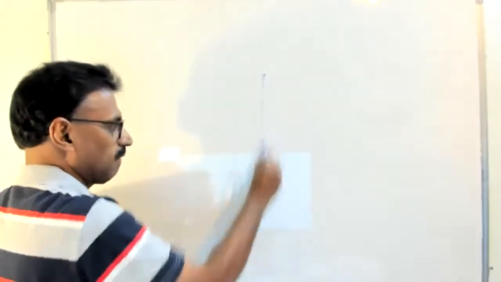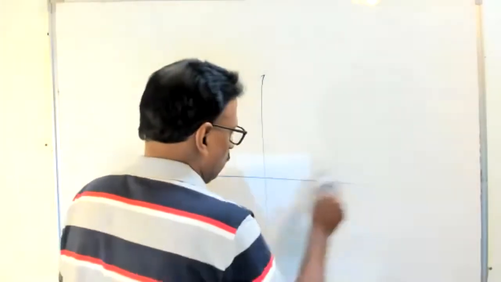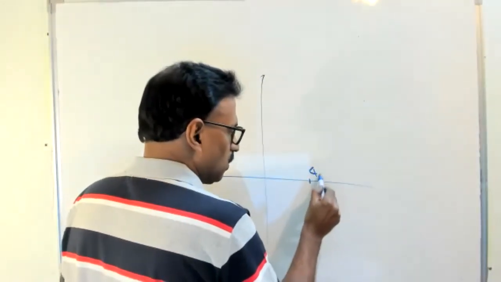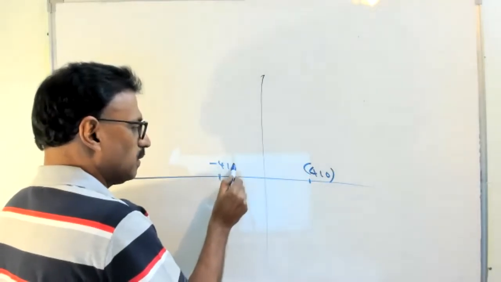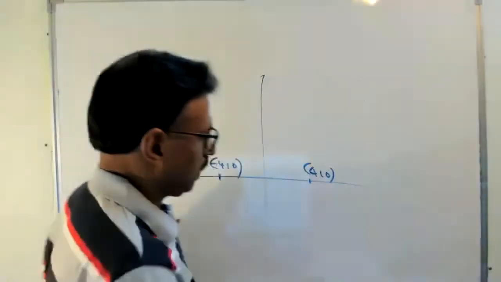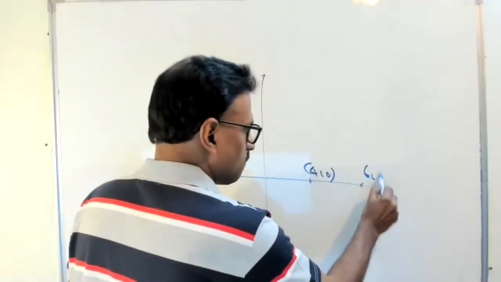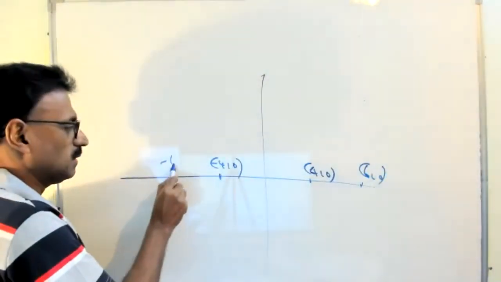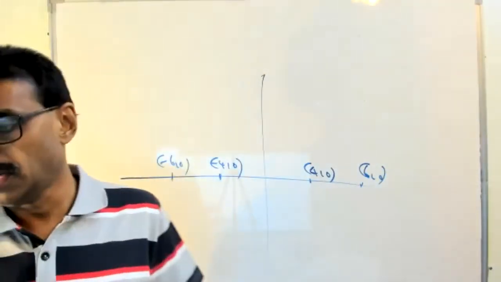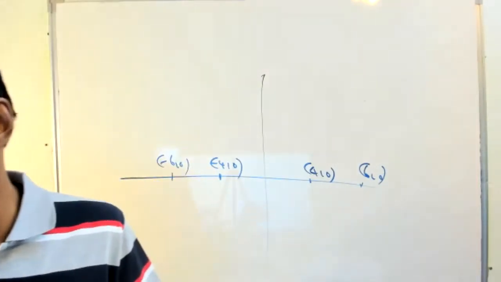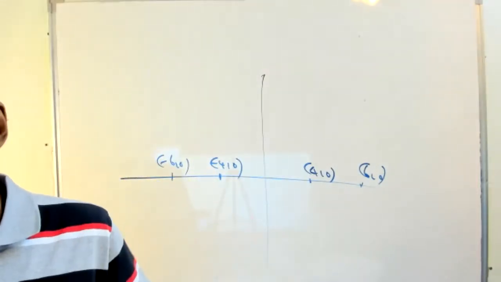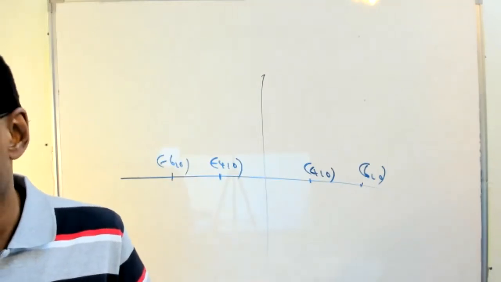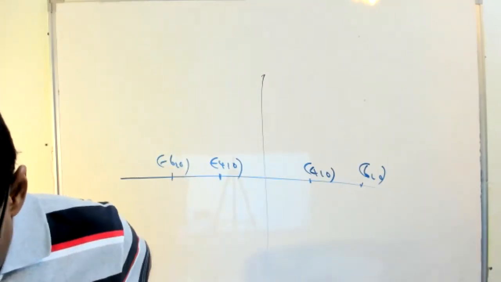On the x-axis, 40 here, -40 there. Next, 60 here, -60. Like that. Clear or not? Or 30, -30, like that. Or 10, -10, like that.